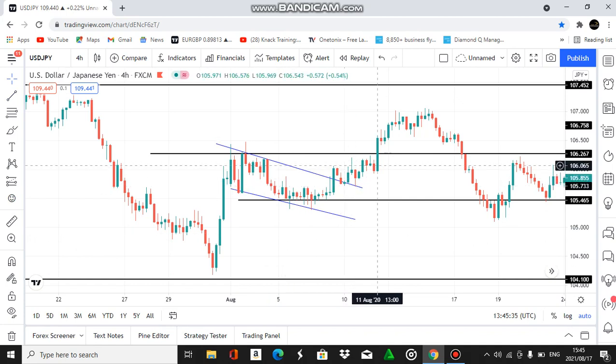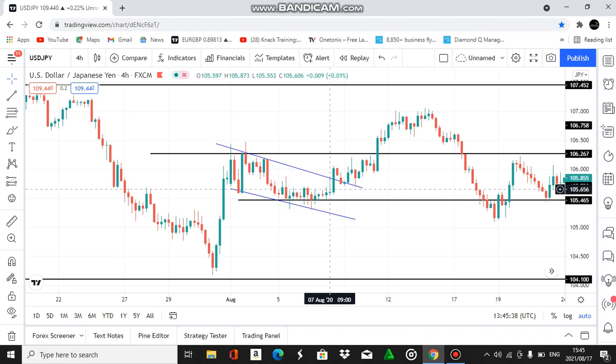A breakout is when the market price pushes up and breaks your resistance, which is your trend line, and closes outside the trend line, not rejecting and coming back inside the trend line.